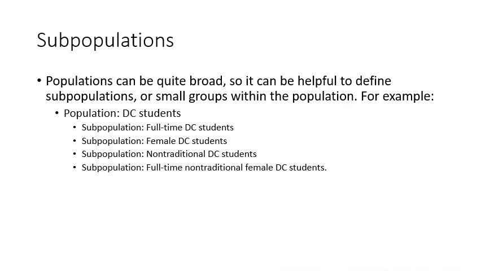So do you want only full-time DC students? Do you want only female students, only non-traditional students, only non-traditional female Diné College students? Who exactly are you interested in? Who do you think your results can generalize to? You want to have a population that's somewhat homogeneous so that you can draw a good inference to that population.